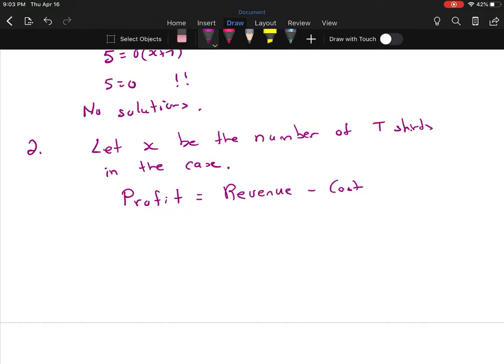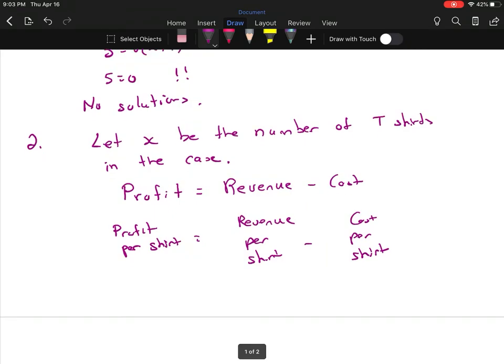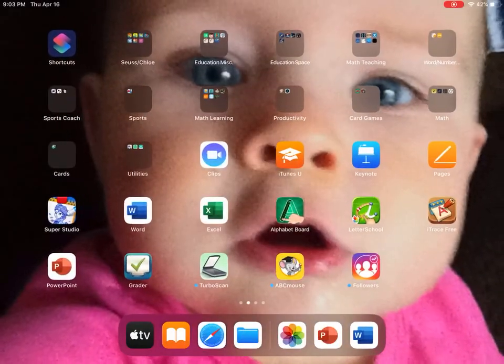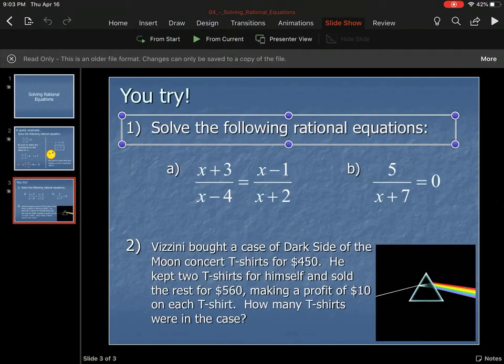So I'm just going to change that equation ever so slightly and say, in this case, profit per shirt equals revenue per shirt minus cost per shirt, because it was all talking about how much profit that he made per shirt. Okay, well, that actually is a great start to handling this question, because they told us some of these things.